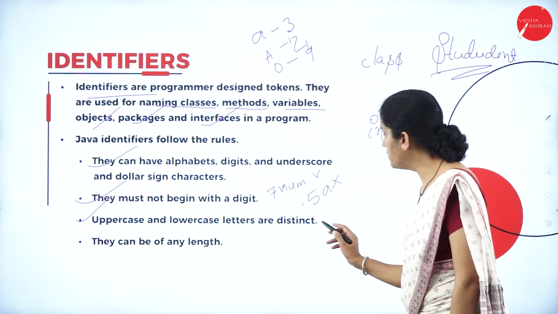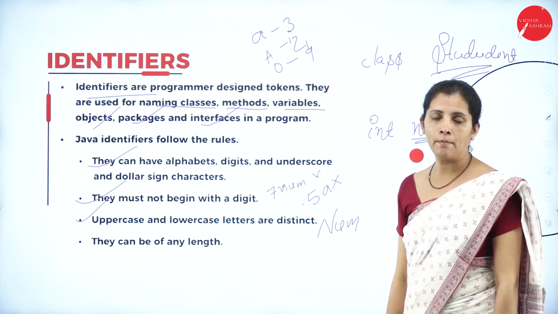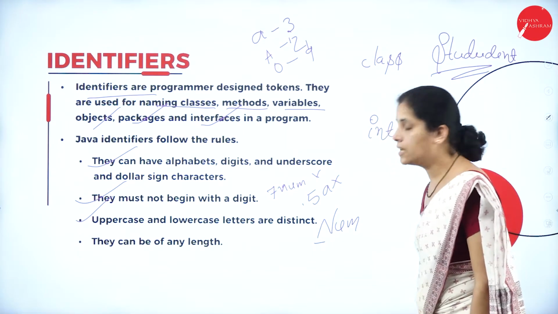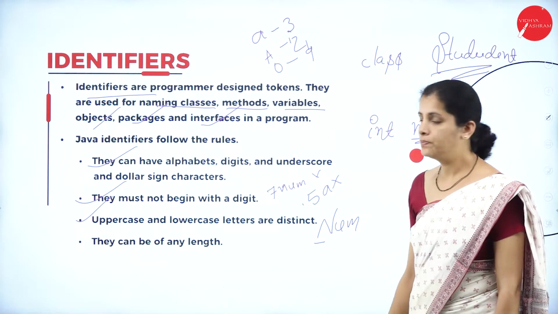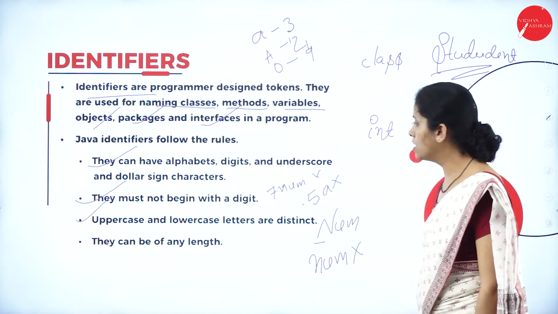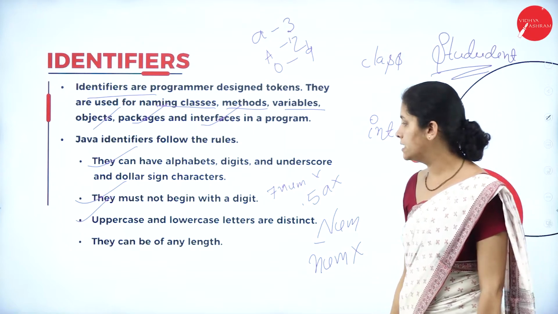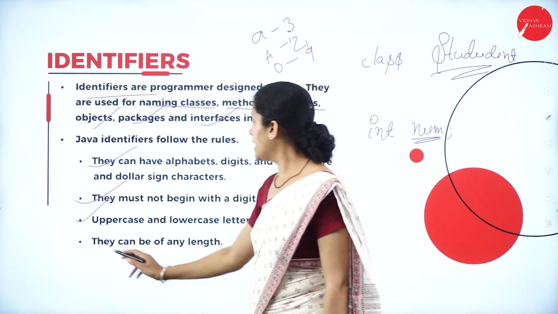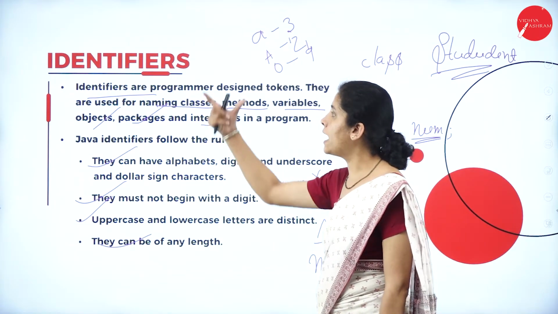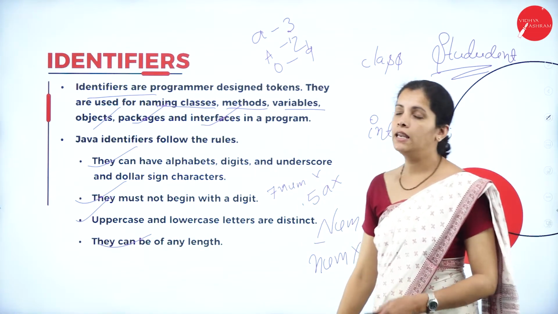Suppose, dear student, if I write Number, then throughout the program I have to use Number, with N in capital letter. Now, if I write num, this is wrong. That means uppercase as well as lowercase letters are distinct. And they can be of any length. That means identifier names can be of any length.